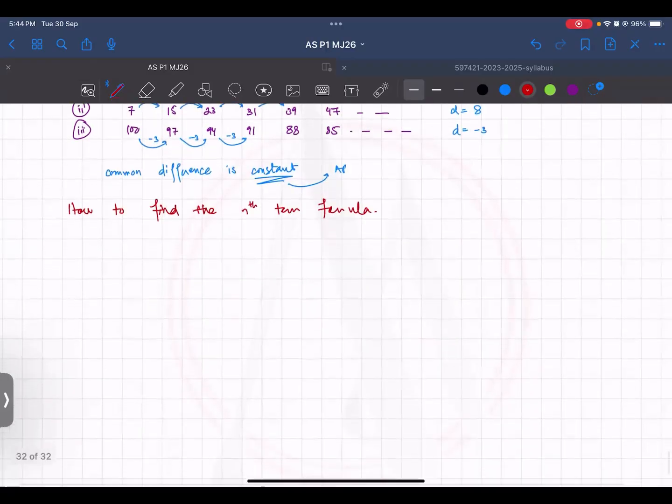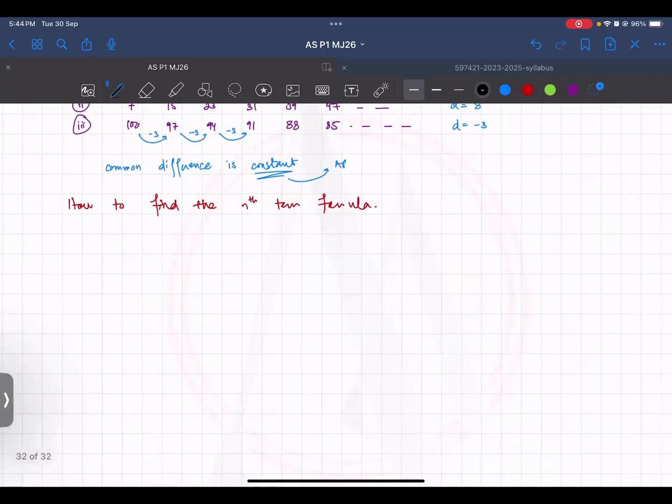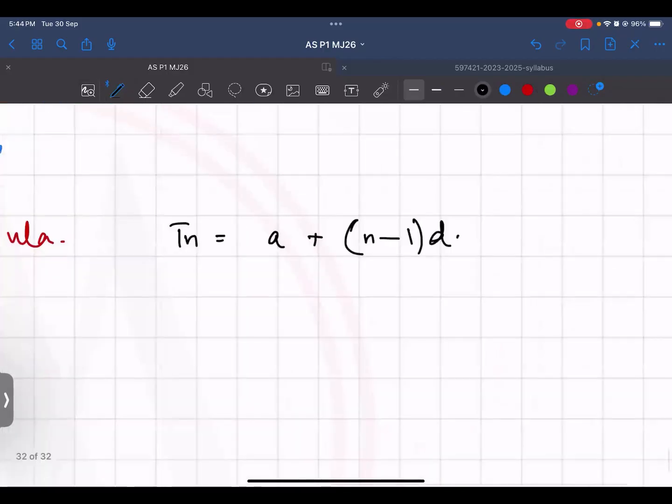And then for the nth term formula, you have the general formula. It is Tn is equal to a plus (n minus 1)d. You have seen a similar type of formula in your O-level IGCSE as well.